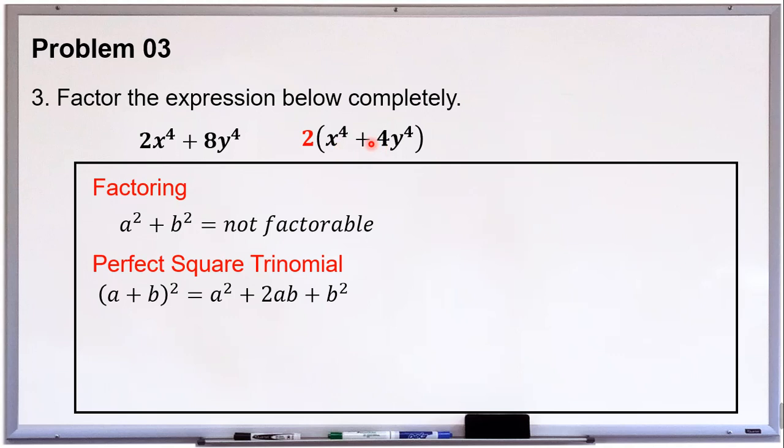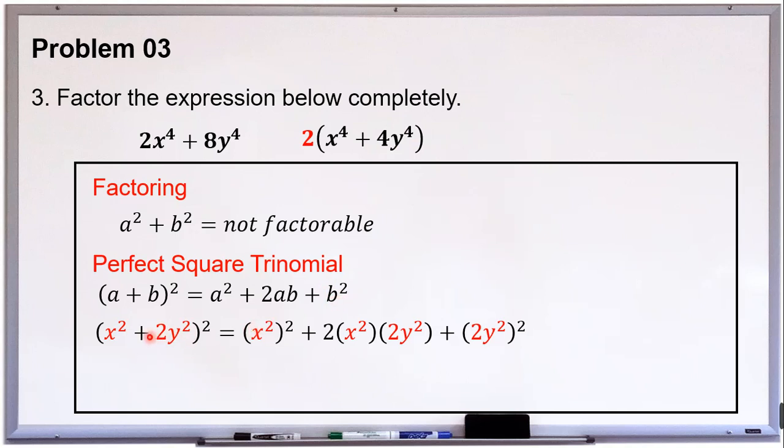So if that is the case, then we can let a equal x squared, so that the first term will be x to the fourth after simplifying. And also we can let b equal 2y squared, so that this one is equal to the last term. So again, we let a equal x squared, and we let b be 2y squared, then raise to the power of 2.